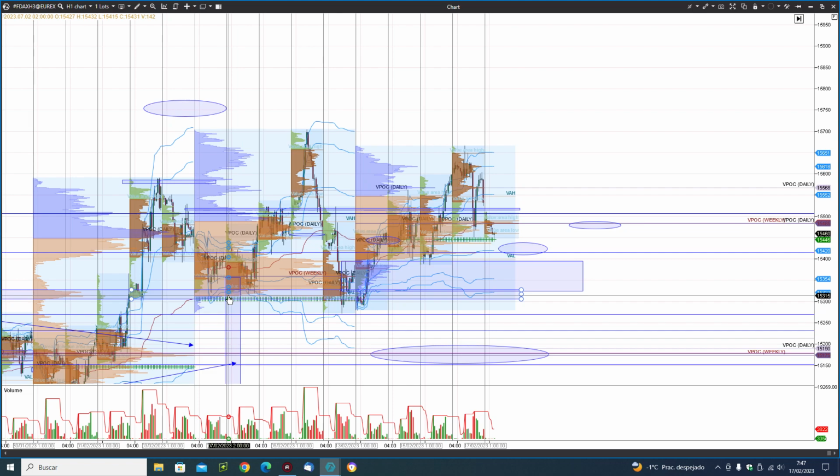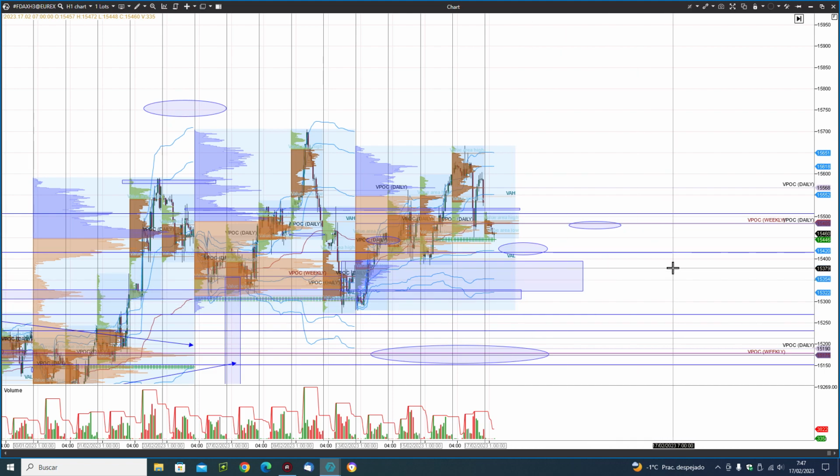It's a price action zone, and it really is the final of a VWAP line. So very important support, 15,309.